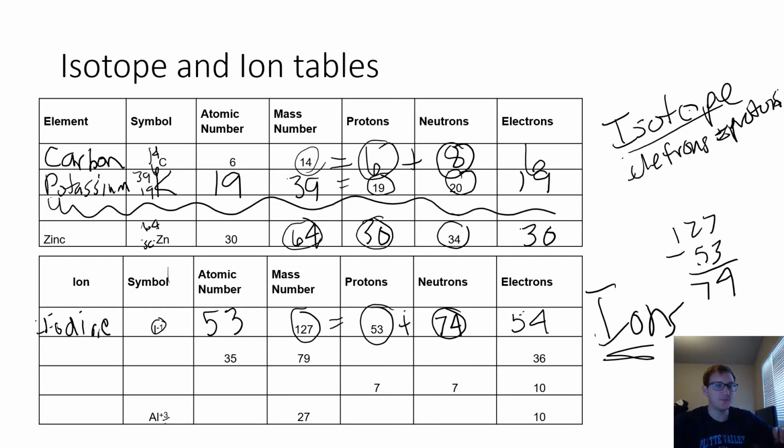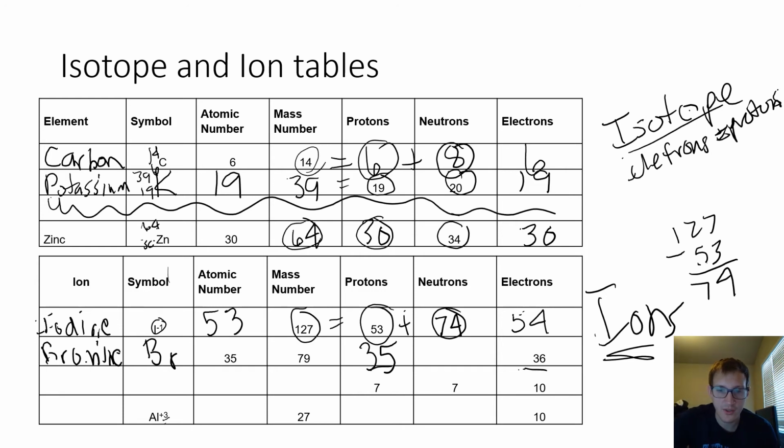Moving on to the next one. Gotta open my phone again. Atomic number 35 is what we're looking for, which happens to be bromine, Br. 35 atomic number means 35 protons. Then I need to compare these again.